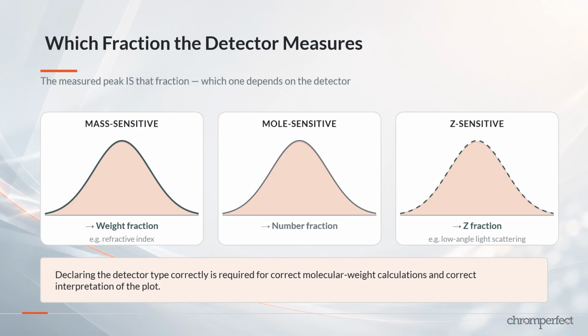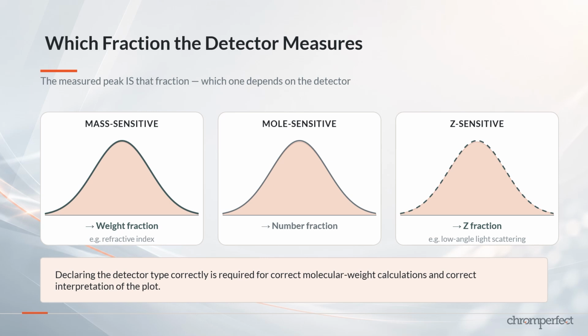The detector-response type declared in the SEC calibration file determines which molecular weight distribution trace corresponds directly to the measured chromatogram. With a mass-sensitive detector, the original response corresponds to weight fraction. With a mole-sensitive detector, the number fraction trace would correspond more directly to the original chromatogram.